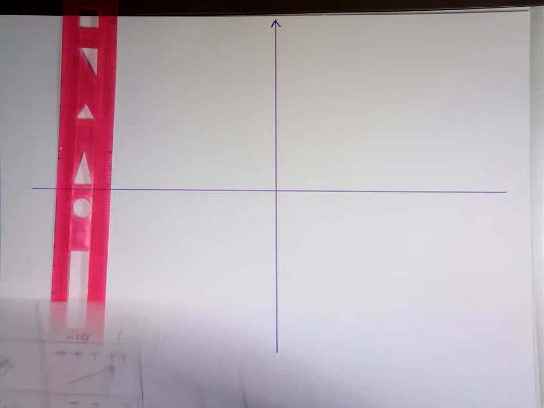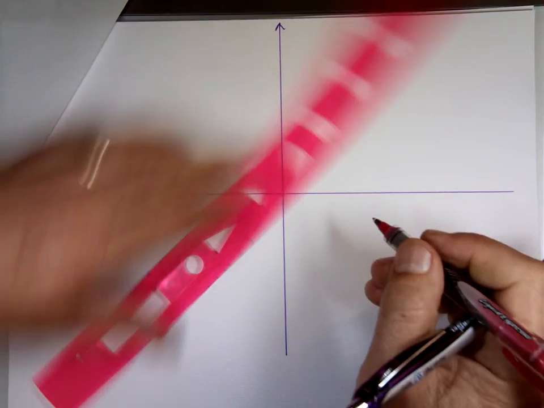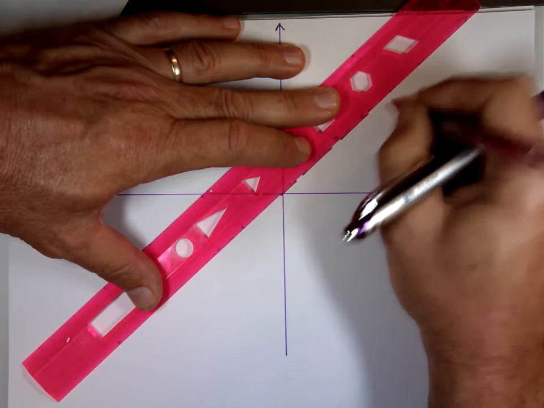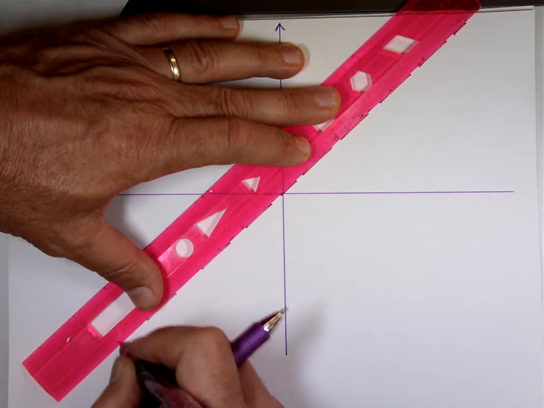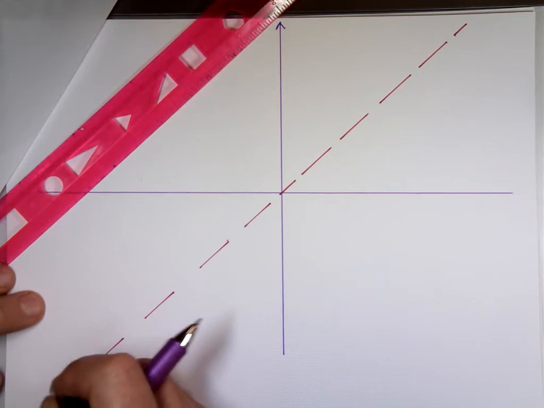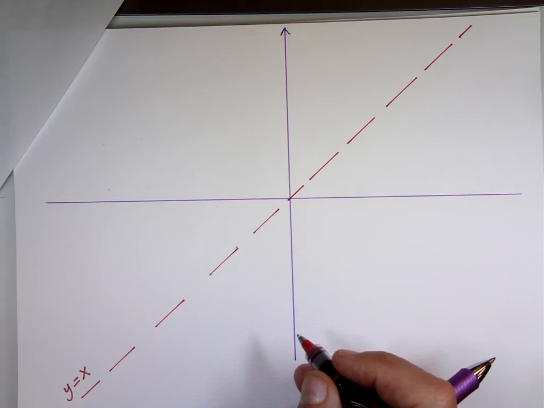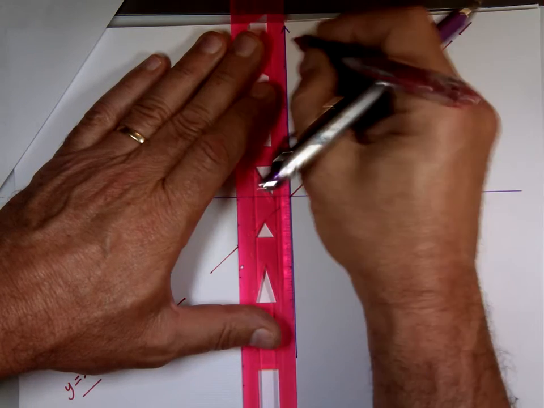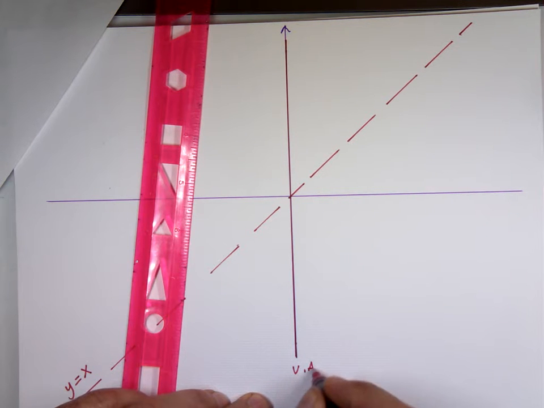We have a slant asymptote at y equals to x. Y equals to x is this line. That's your slant asymptote. Y equals x. We have a vertical asymptote at 0. X equals 0. That's a vertical asymptote. VA, x equals to 0.